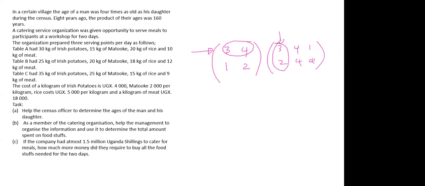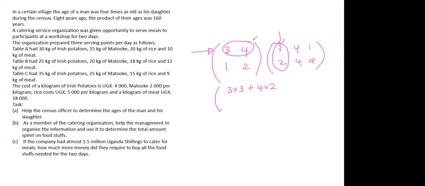But what you need to know is that when it comes to matrix multiplication, whenever I have a matrix and I'm multiplying it, maybe something like this, this is a row and this is a column. So this row here will always go with this column here. So I'll multiply 3 times 3 plus 4 times 2.